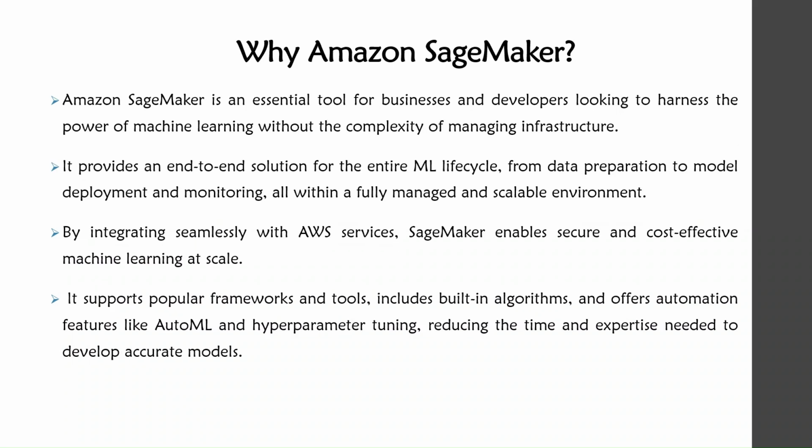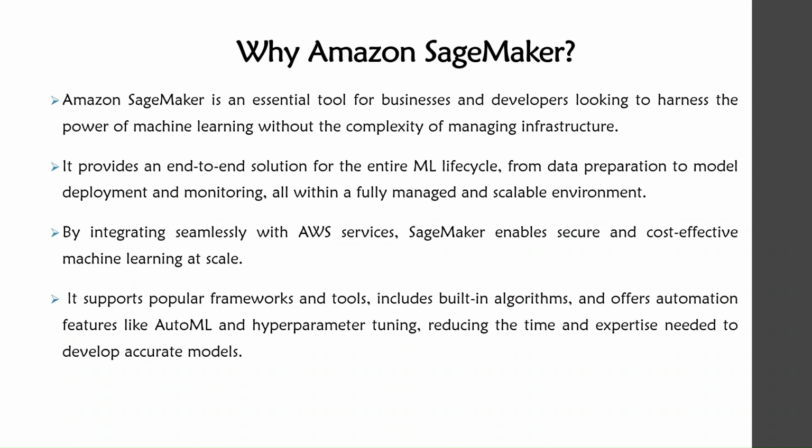So let's understand why Amazon SageMaker. It's an essential tool for businesses and developers looking to harness the power of machine learning without the complexity of managing infrastructure, and it also provides an end-to-end solution for the entire machine learning lifecycle, from data preparation to model deployment and monitoring, all within a fully managed and scalable environment.